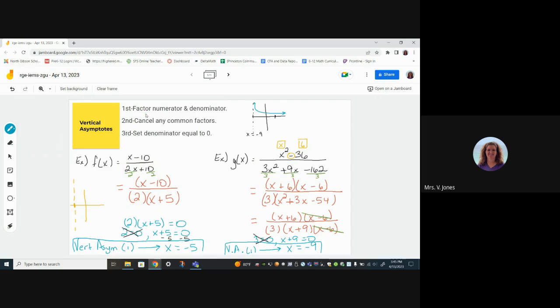Now, since we have an issue where x is 6, there's actually a hole right there where x is 6. All right, so the graph, just for that one little point, that one coordinate, there really isn't anything there. Okay, you don't have to know that for the delta, but just sharing with you.